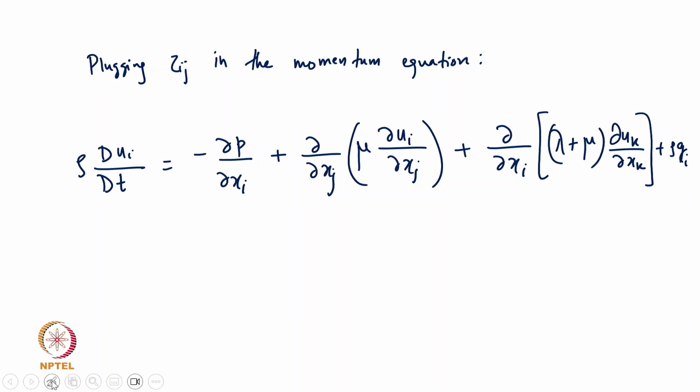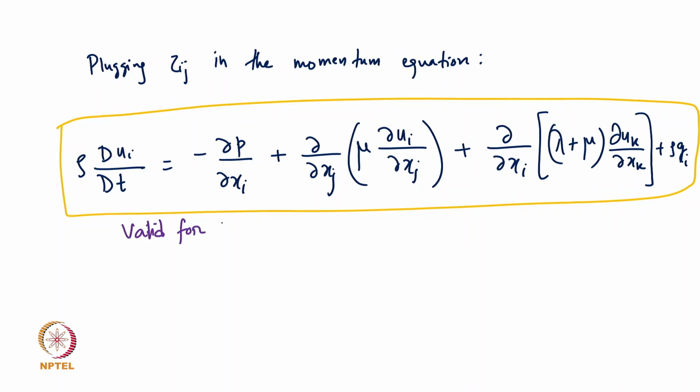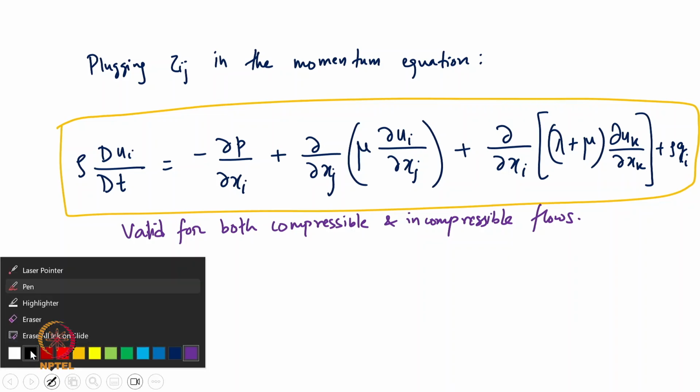Okay, so this equation is valid for both compressible and incompressible flow. Now, we'll use a hypothesis called the Stokes hypothesis.